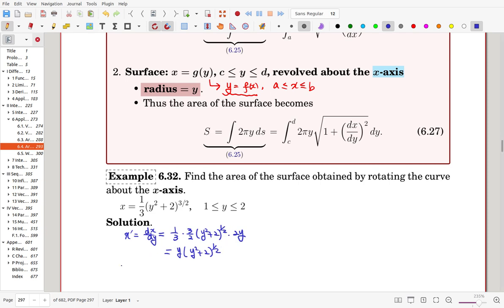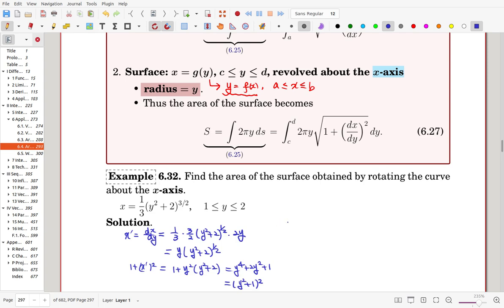Okay, now 1 plus x prime squared is the same as 1 plus that squared, that is y squared times y squared plus 2. So that is the same as y to the 4 plus 2y squared plus 1, which is the same as y squared plus 1 squared. Aha, so it is a perfect square.